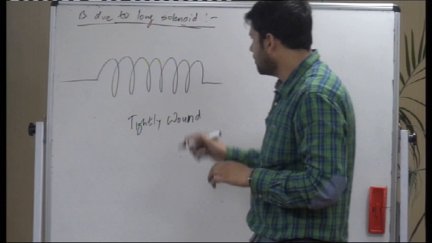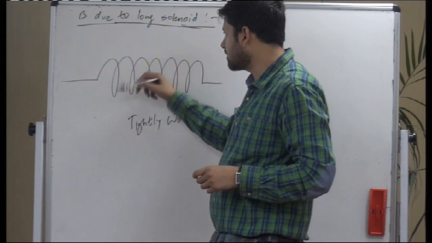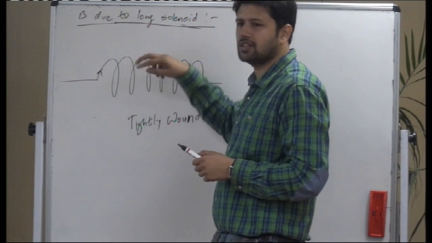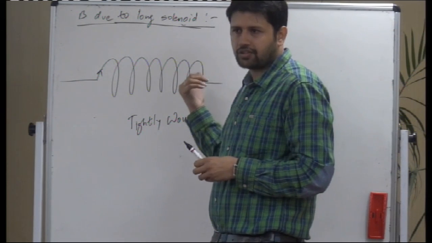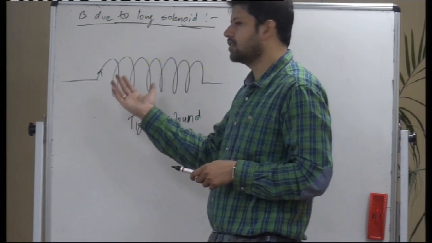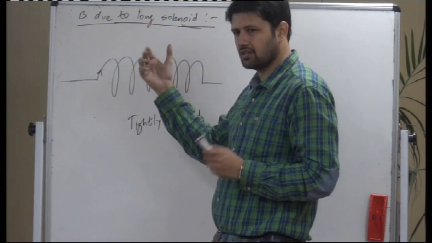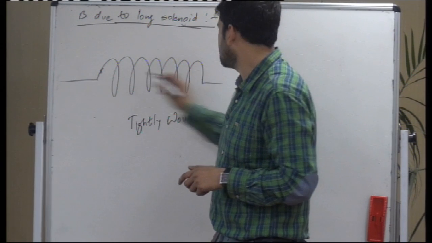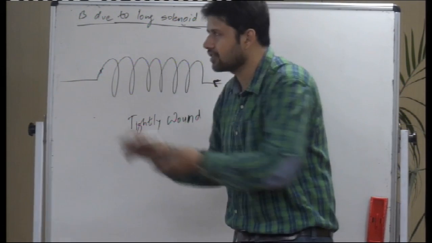Because of all the circular turns, if the current is like this, the field would be in this direction. You can check for all the circular turns, either in this direction or the other. So let's have the current in this direction.